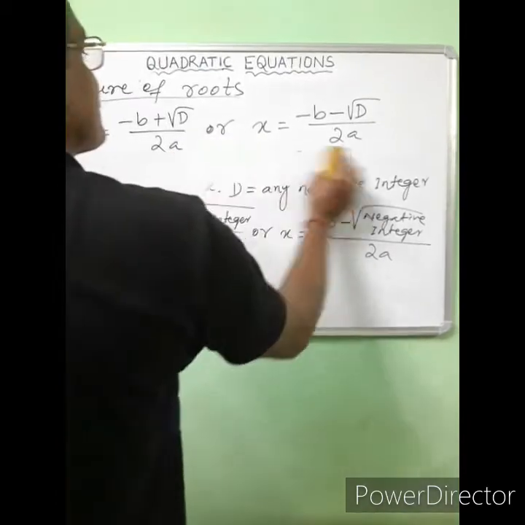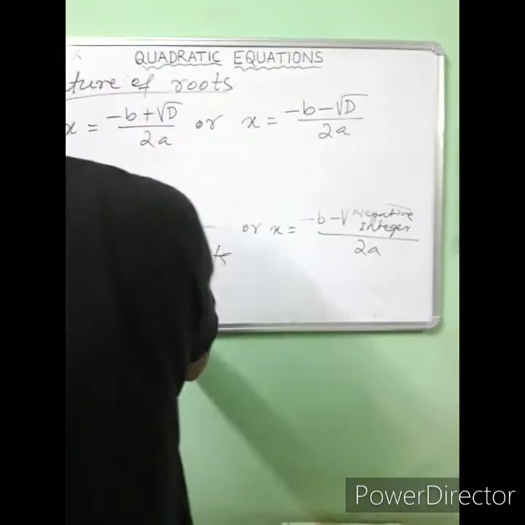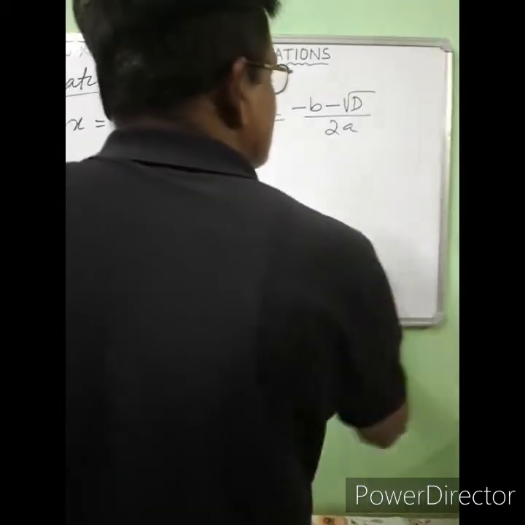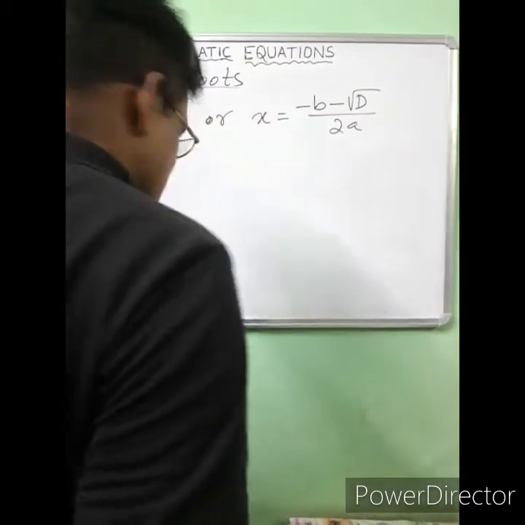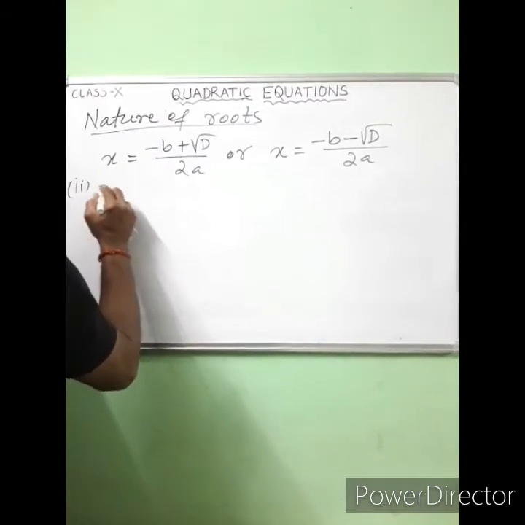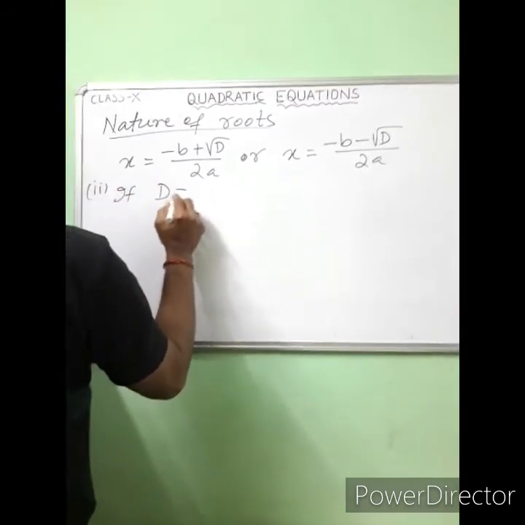Next, the second nature is if D is equal to 0.